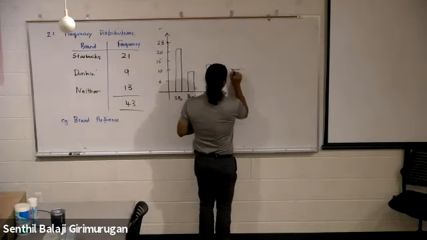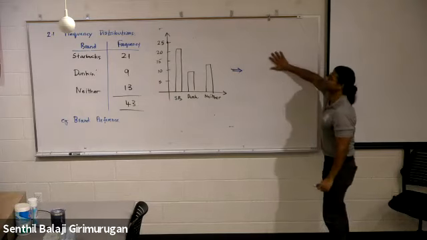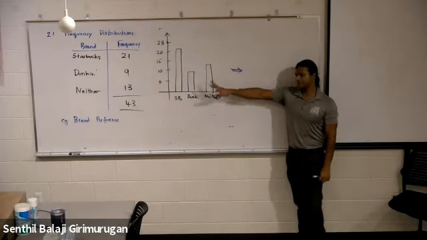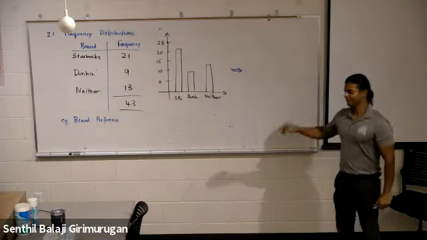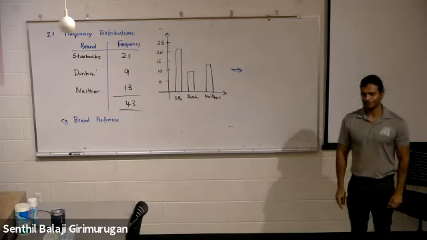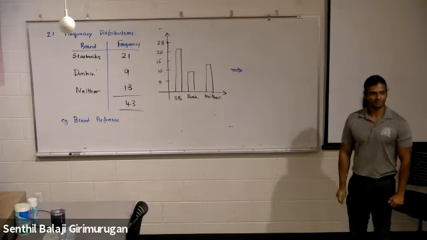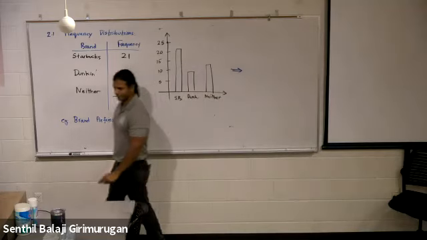What we're going to do next, I'll give an introduction. We want to do the same thing that we did over there, but for quantitative data. How would we organize them and put it in the table?